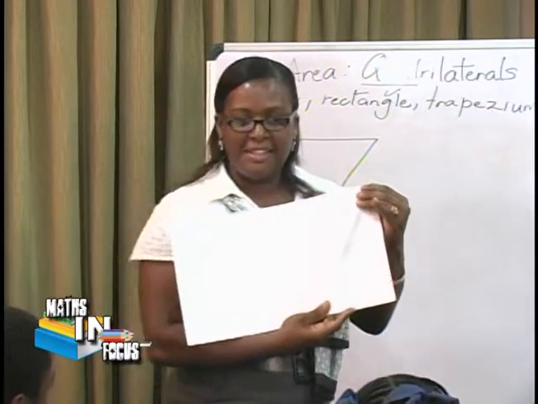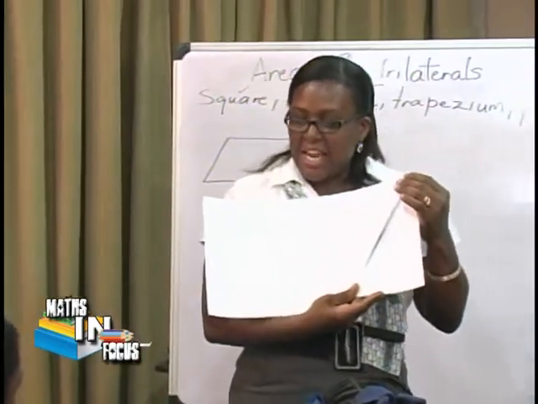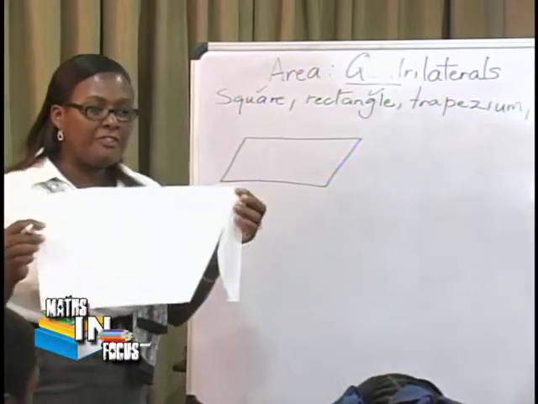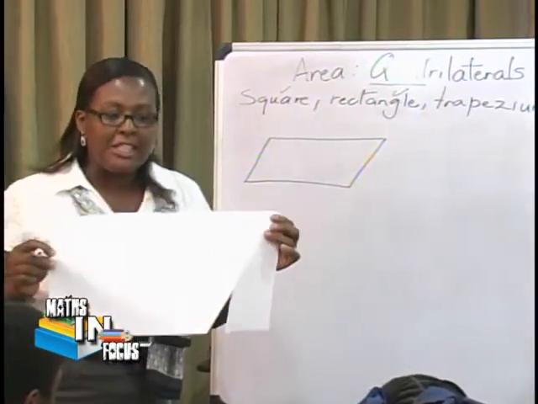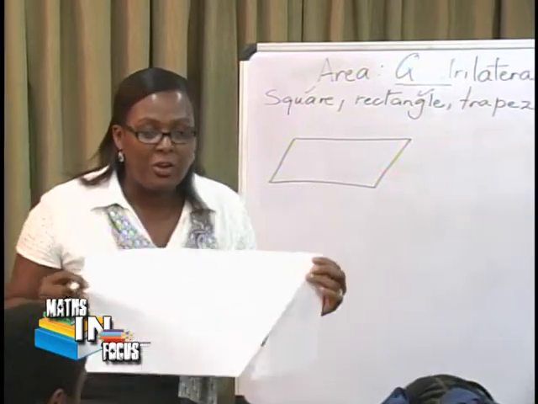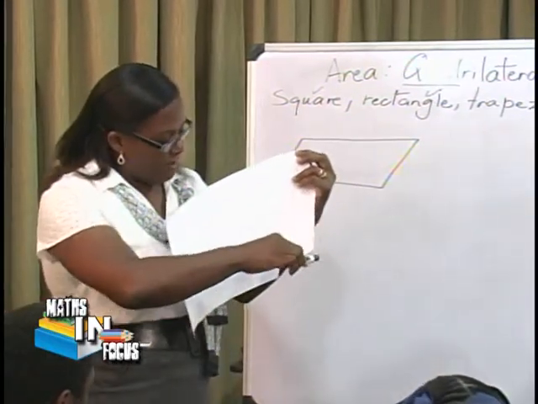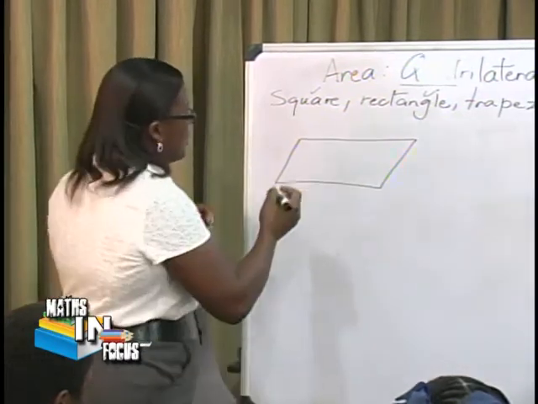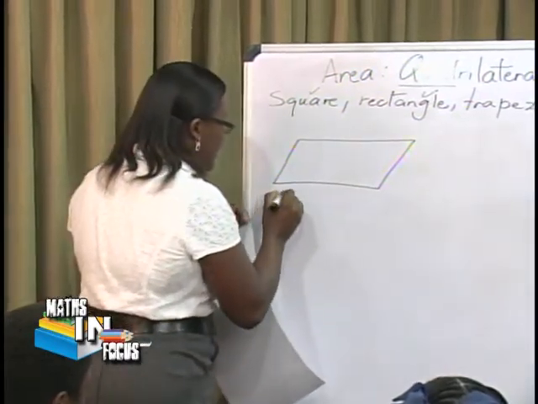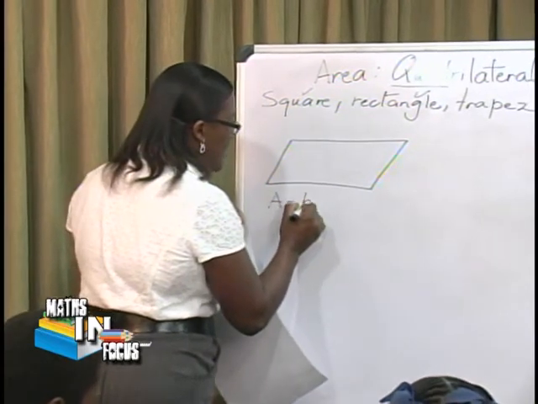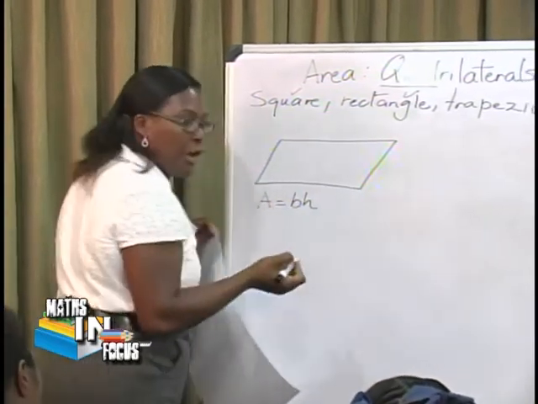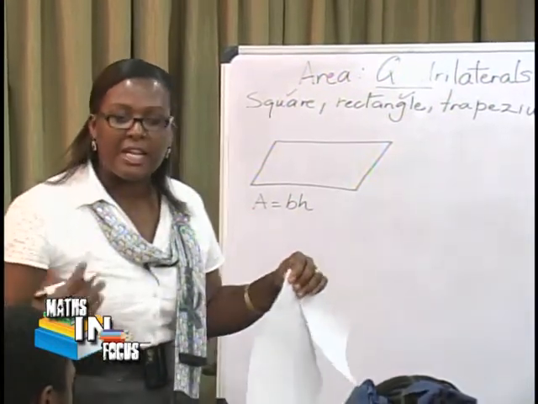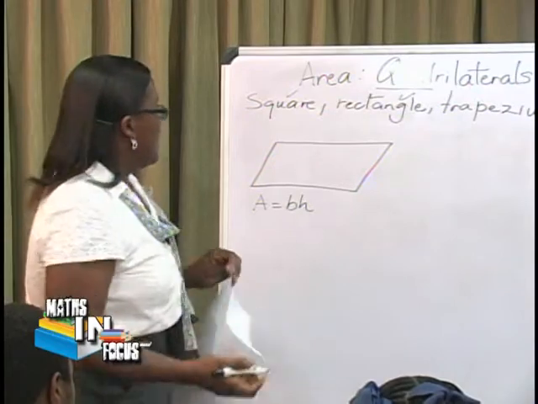A rectangle. I did this because we're going to use the formula that we use to find the area of a rectangle to find the area of a parallelogram. Because here we have the base and here we have the height. So the area A is equal to base by height, or we can use the length by the width, or the length by the breadth. Good?